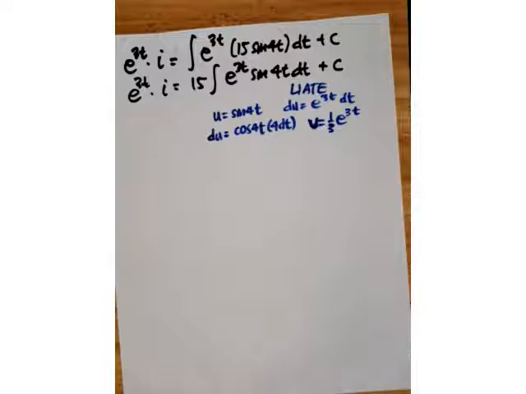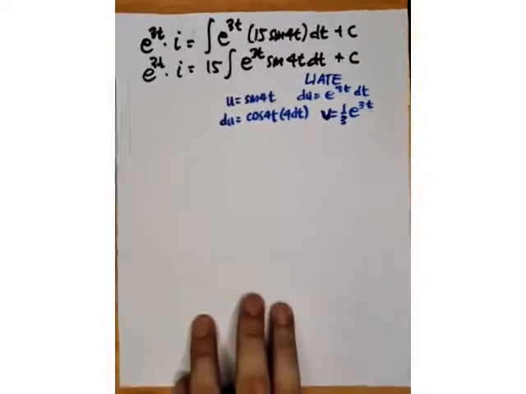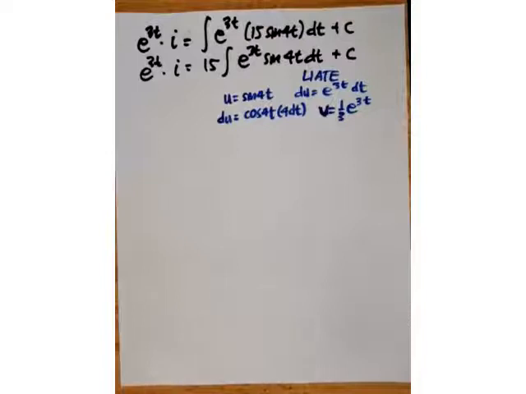Tama ba ako sa aking by parts? So we're doing by parts. Ang hindi ko pinakagustong method ng integration, maliban pa sa algebraic substitution. Okay. So ang formula natin is uv minus the integral of v du.